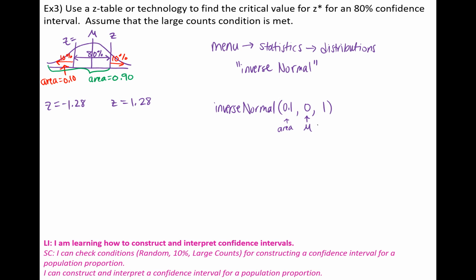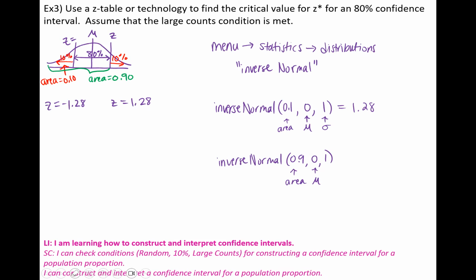This one was the mean, and the 1 was the standard deviation. And then we found this equals 1.28, and then we did it one more time, inverse normal, and this time we did 0.9, and then 0 and 1. And again, the 0.9 is the area, the 0 is the mean, and the 1 is the standard deviation. So it is really important to still draw that normal curve so we're clear and we can figure out what we are actually looking for.